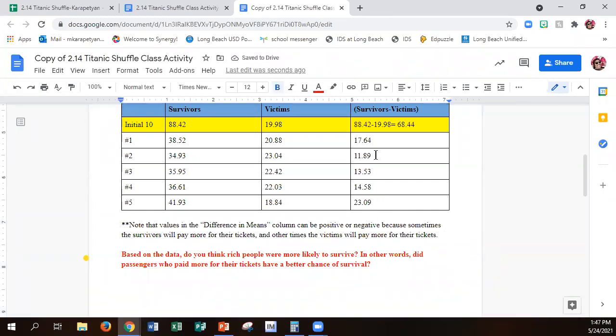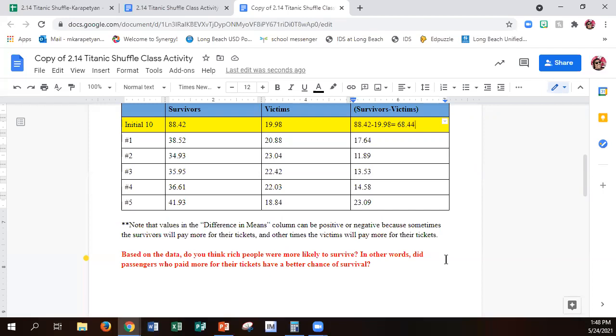All right, so you guys see these numbers here? Compare them to the 6844 difference from the original data. Think about the range that these numbers are in compared to that number right there. It's like 1764, 11, 13, 14, 2309 versus 68.